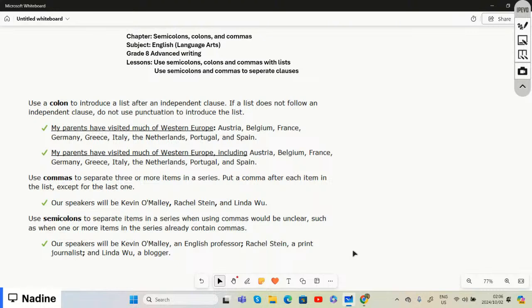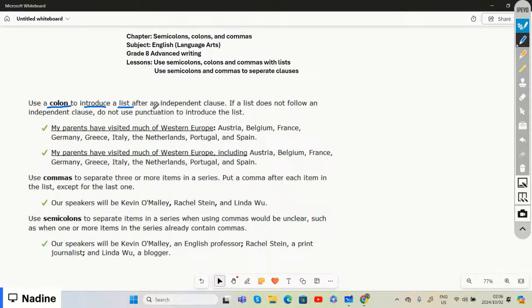All right. So a colon: we use a colon to introduce a list after an independent clause. And remember, an independent clause is basically a sentence or clause that can stand on its own. It has a subject, it has a verb, and it is basically a complete sentence.